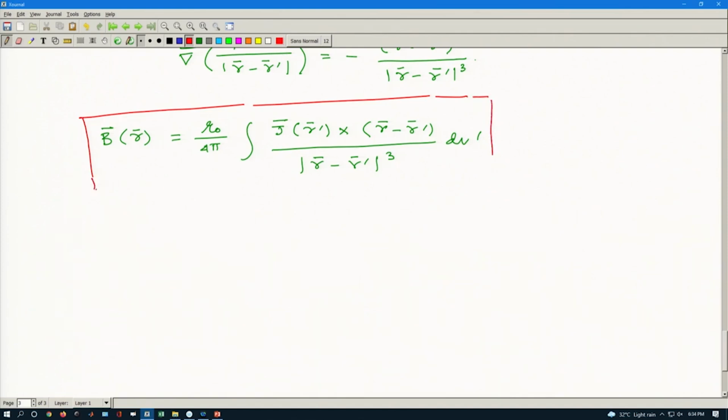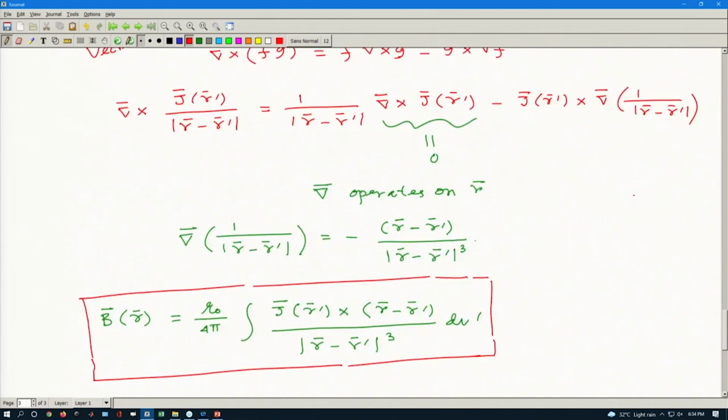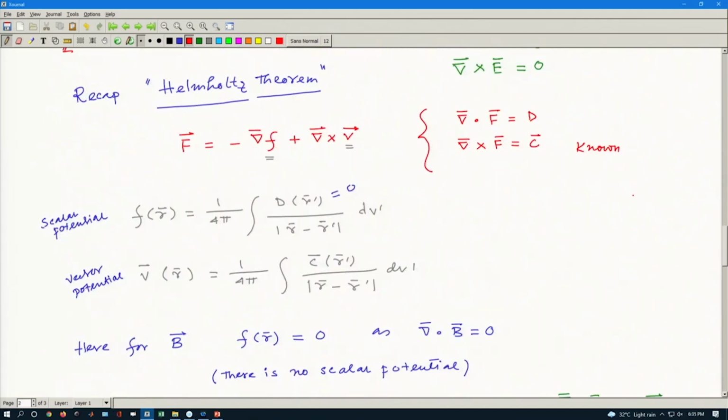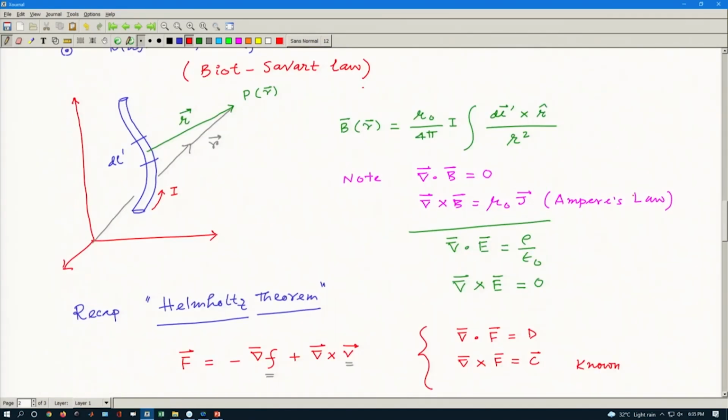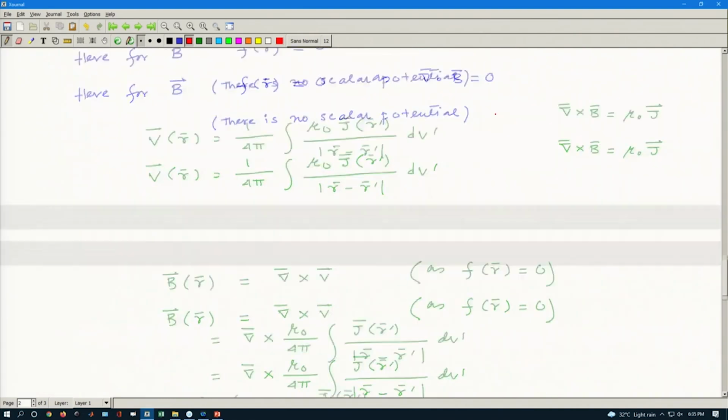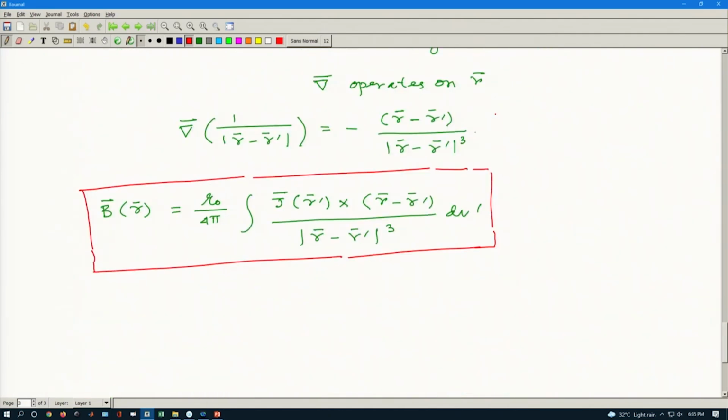Here we are writing the Biot-Savart law in terms of the current density J. If I go back to the old expression which we wrote, if I include this current inside, then this current can be written in terms of current density, and then this volume integral will eventually appear, and we will have the expression something like this.